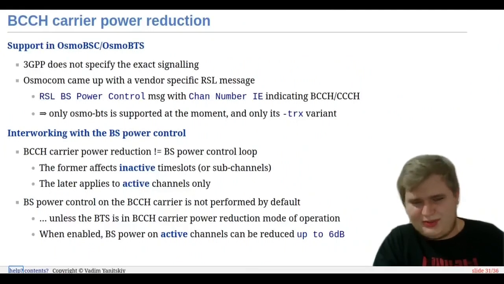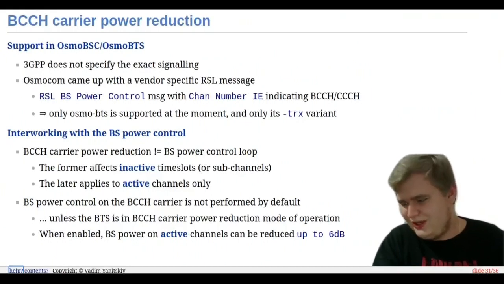By default, BS power control is disabled on the BCCH carrier unless the BTS is operating in this power reduction mode. In which case, BS power on active channels can also be reduced up to 6 decibels, regardless of what the BS power control configuration states.